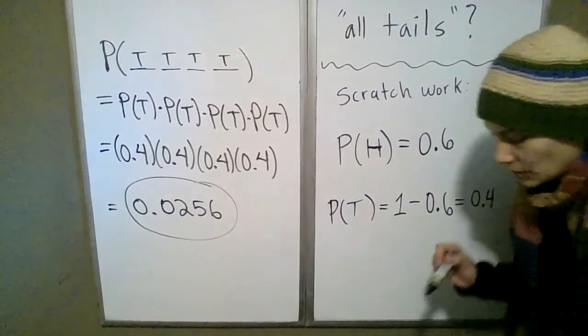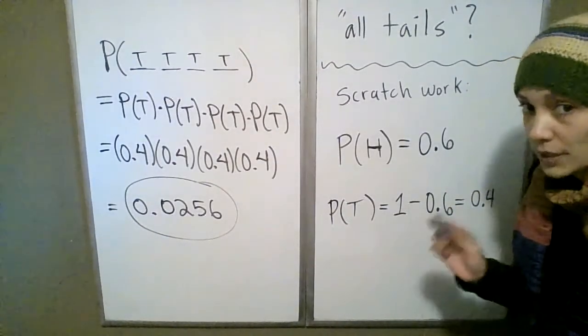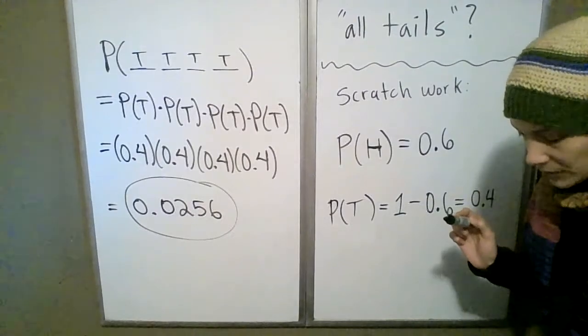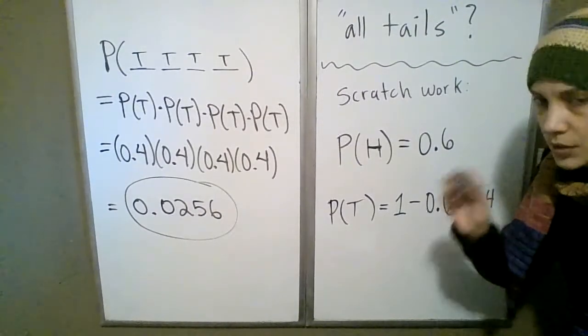Next, we're going to roll a die 4 times and find the probability of getting 2s every roll. So all 2s.